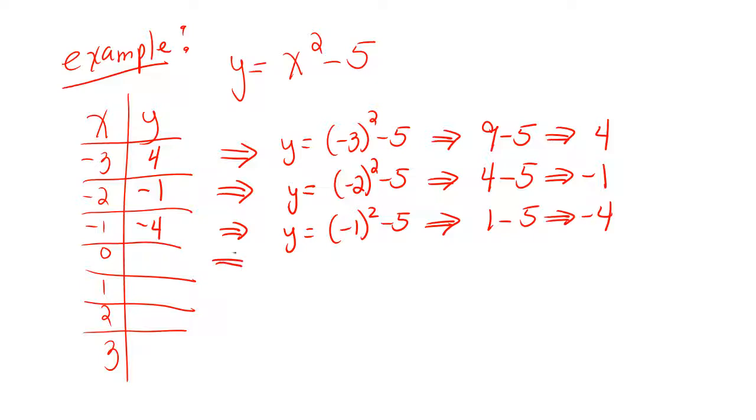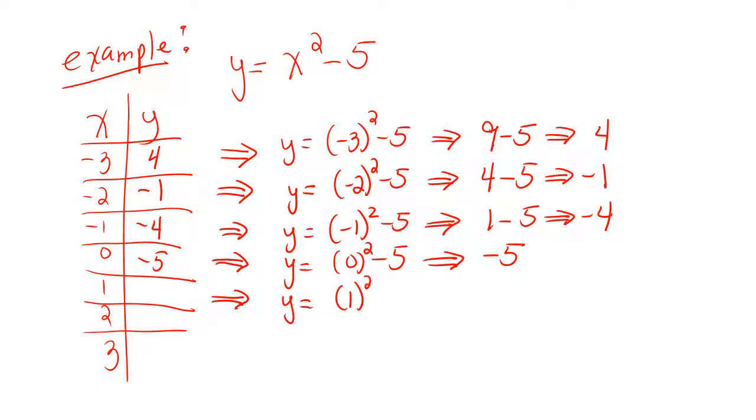0 is always easy to work with because 0 times 0 is 0, and 0 minus 5 gives me negative 5. You'll notice a symmetry start to appear when we use the positive values, because 1 times 1 is still 1 like a previous number, and 1 minus 5 equals negative 4.